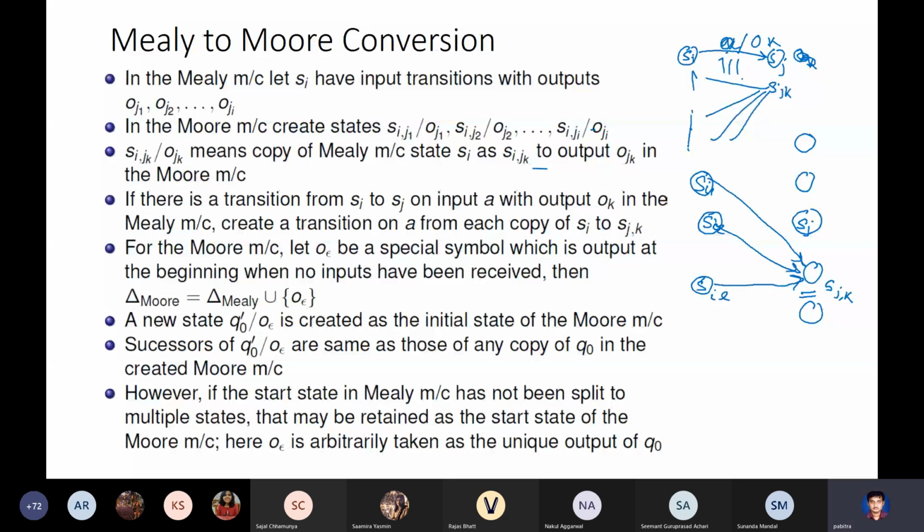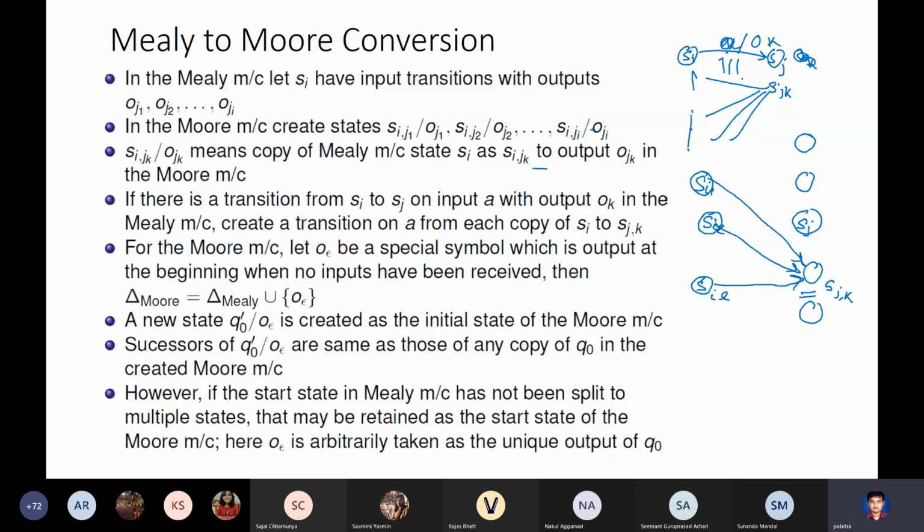All right. So now let's come to the start state. In the Moore machine, let O epsilon be a special symbol which is output at the beginning when no input is received. So the delta Moore is basically delta Mealy plus this extra O epsilon, the extra symbol that is output.